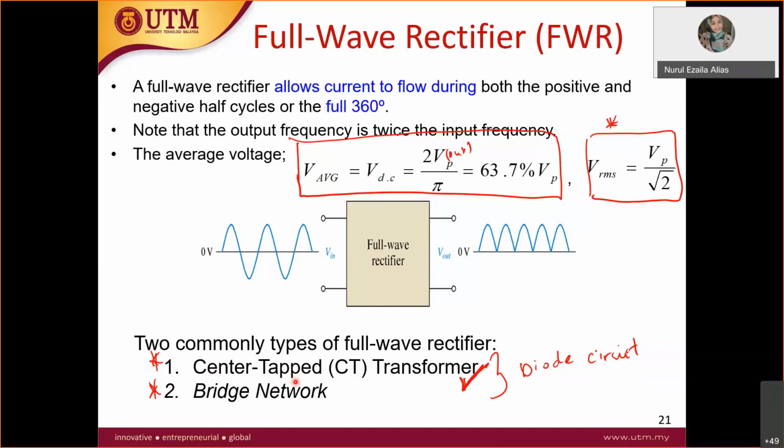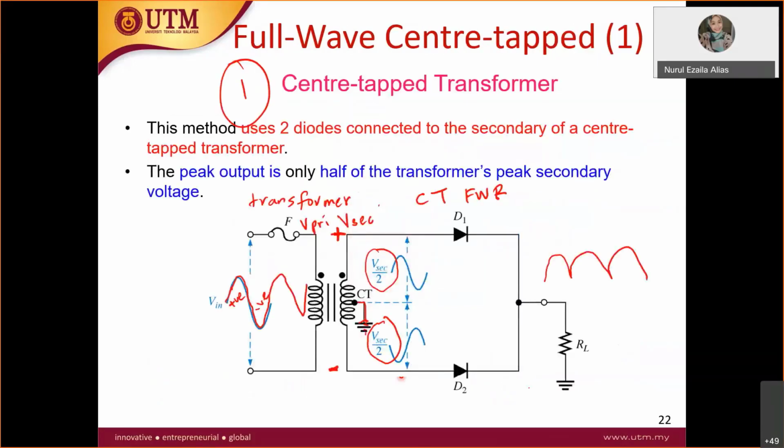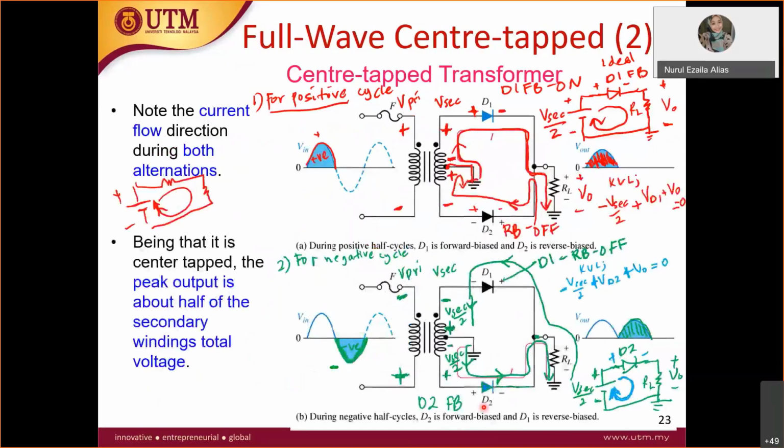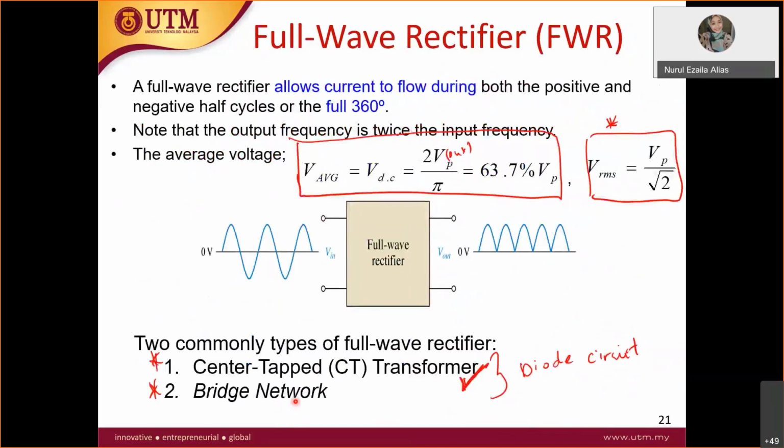Remember, your mission is to allow current to pass from the input to the output. You decide which path, either through D1 or D2. The same goes for this bridge network. It has four diodes, therefore you need to pass through two turned-on diodes to go to your output.